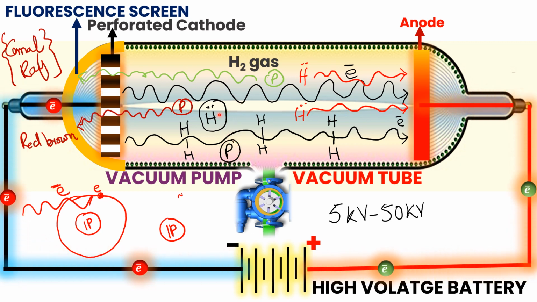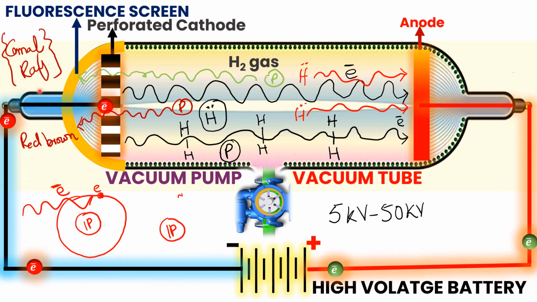The negative ion of the hydrogen atom and the cathode rays have the same negative charge and travel toward the opposite charge, the positive anode, whereas the protons left inside the cathode ray tube are positively charged. They travel through the perforated cathode and strike the fluorescent screen. The fluorescent screen glows with a reddish brown glow, and this reddish brown glow, Goldstein called canal rays or channel rays.